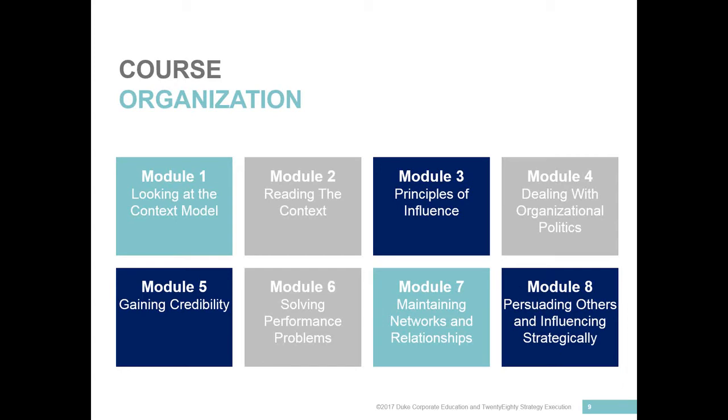And then finally, modules 6, 7, and 8 deal with influence in action. Module 6 deals with solving performance problems. Module 7 is about maintaining networks and relationships, and module 8 is about persuading others and influencing strategically.